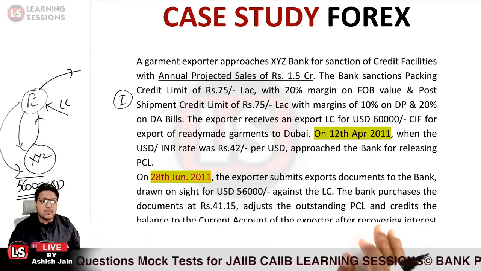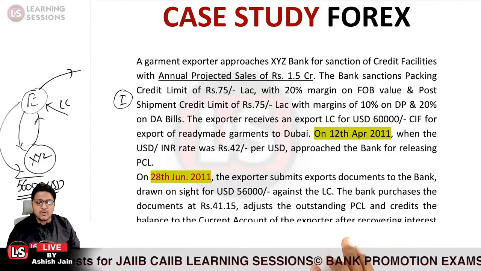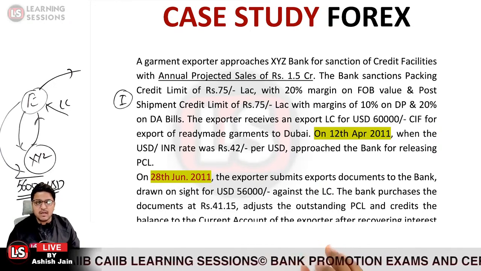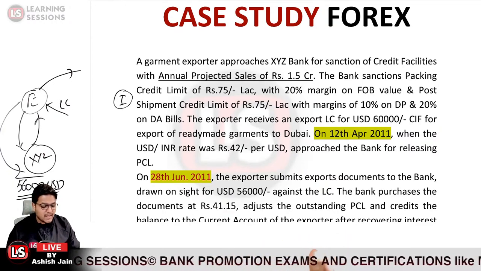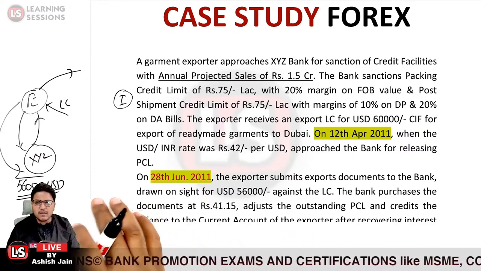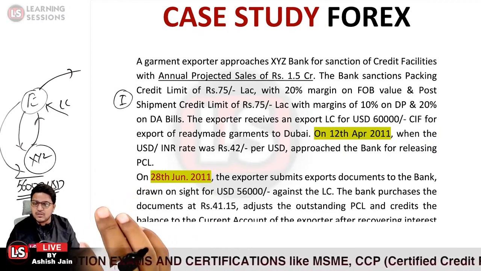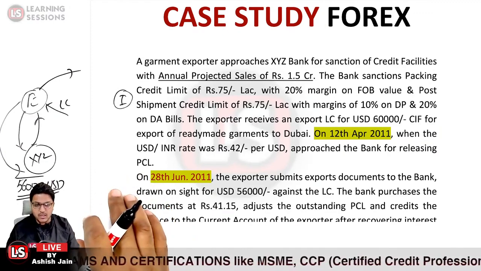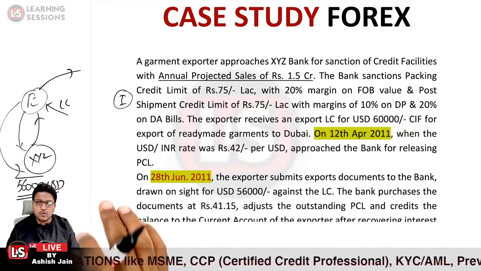And further the bank purchases the documents at rupees 41.15. At that time the documents were purchased at rupees 41.15, and when the post shipment credit is sanctioned, the PCL is adjusted. You can simply say that the PCL is adjusted out of the post shipment credit.